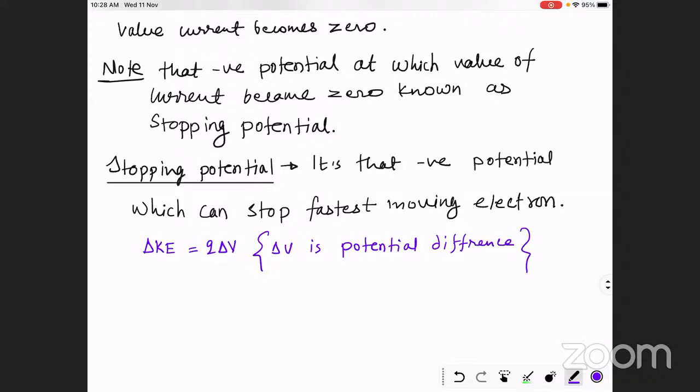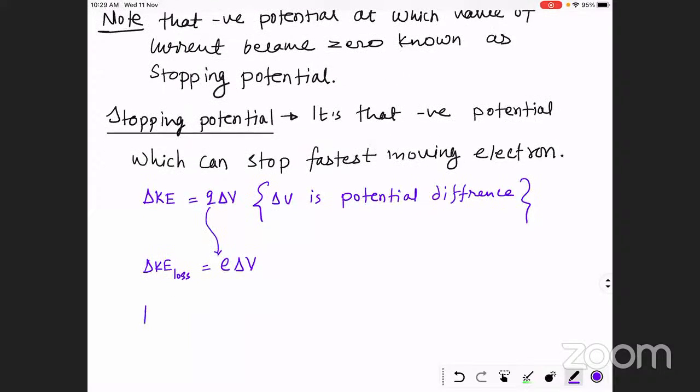So can I say that the loss in kinetic energy of the electron must be equal to e delta V? Because we are doing an experiment related to electrons, in place of Q I'm writing e. And which potential stopped the electron? The stopping potential. So the loss in kinetic energy of the electron, can I say it is e into Vs? Yes or no?